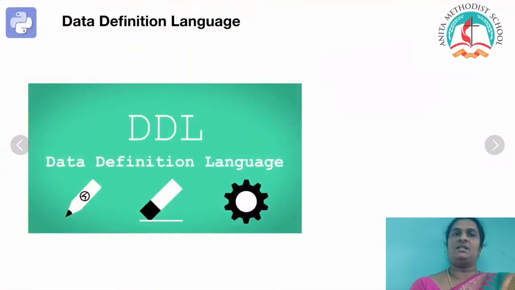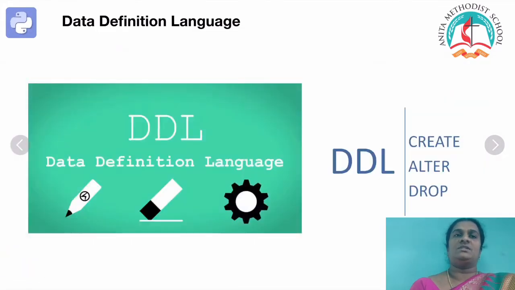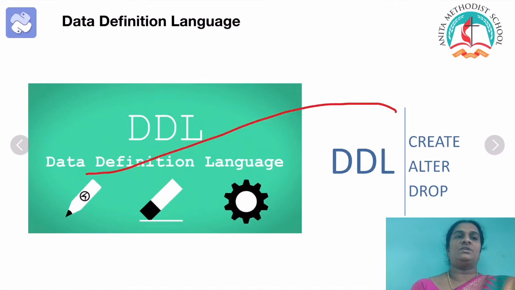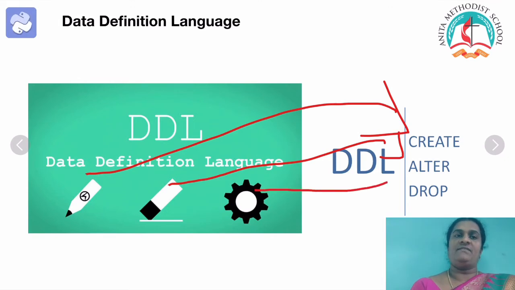So next we are going to see what are the commands used in data definition language. DDL. So the first part is create. This is used to create a database. And next it's used to alter the database. And we can also use the drop command. And one more thing is given in your book, children. Yeah, you can guess it. What is it? Truncate.